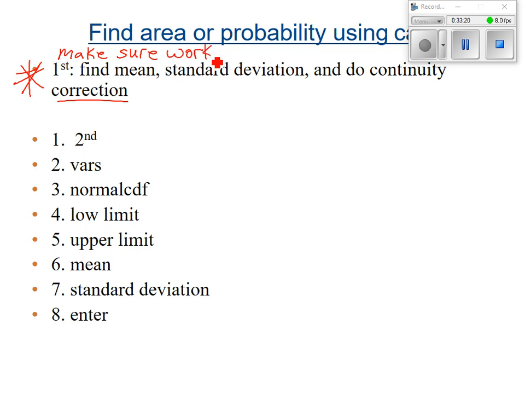What I mean by that is N times P has to be greater than or equal to 5, and N times Q has to be greater than or equal to 5. So you've got to check that first. Again, I always forget to check it because I can sort of look at it and tell, hey, is this going to work? Is it not going to work?